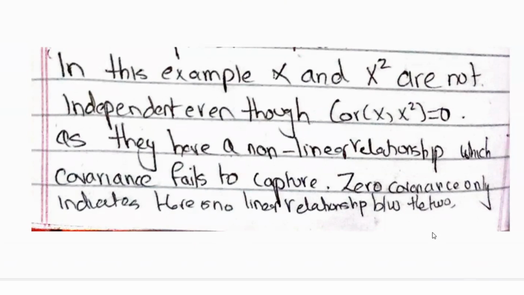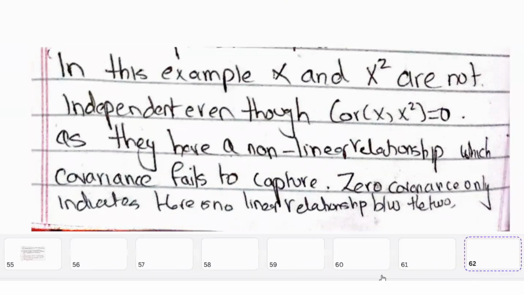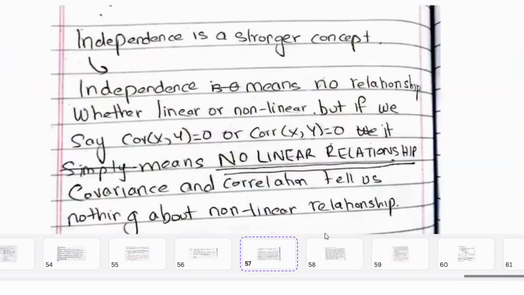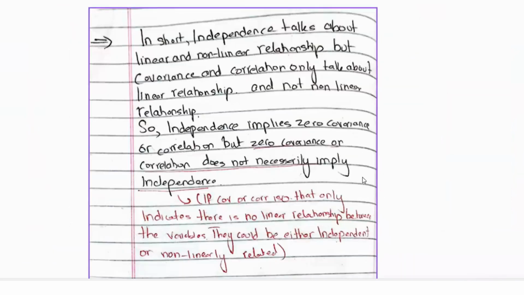So independence does imply zero covariance, but zero covariance does not necessarily imply independence, as independence is a stronger concept than covariance.